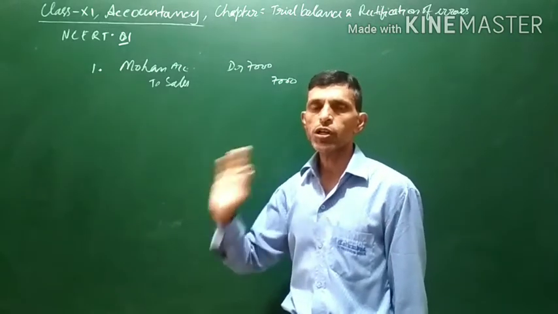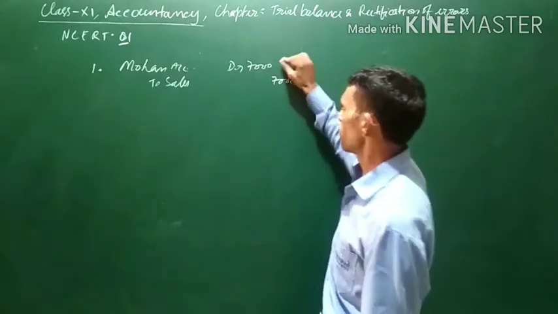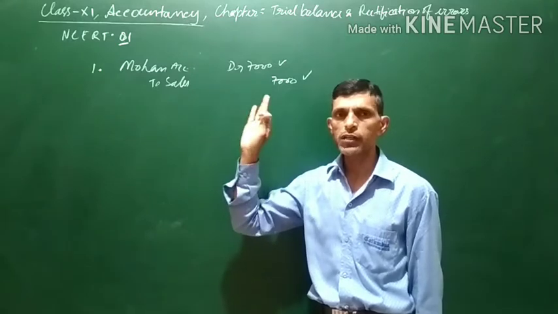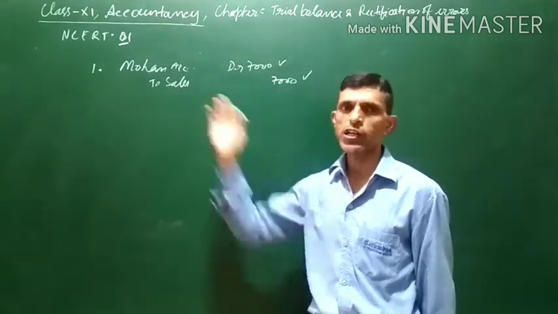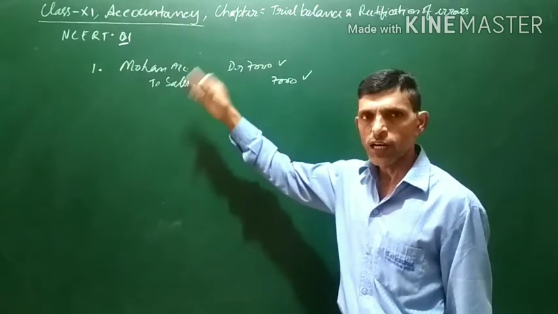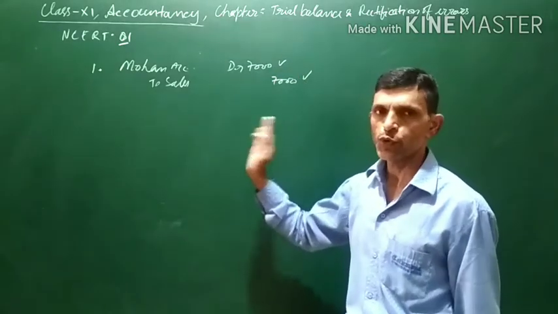Now, this was not recorded in the books of account. So what do we have to do? Simply, we have to pass the journal entry, and then it will be recorded. So this is what we have to do in this question.